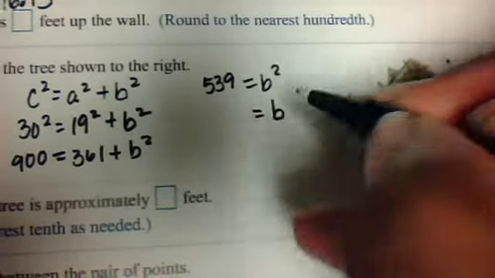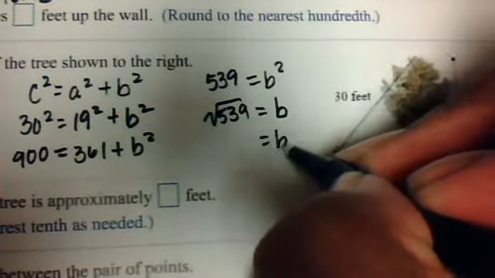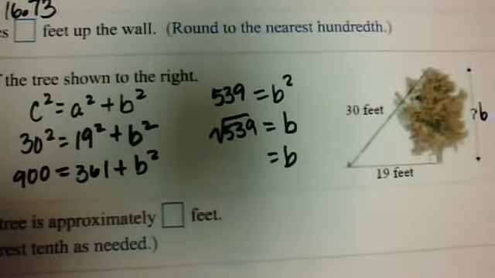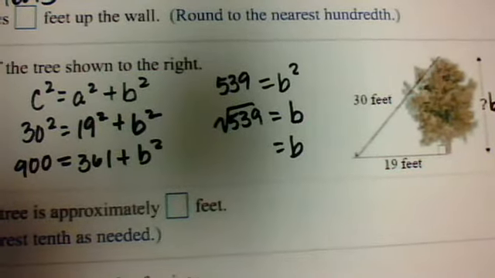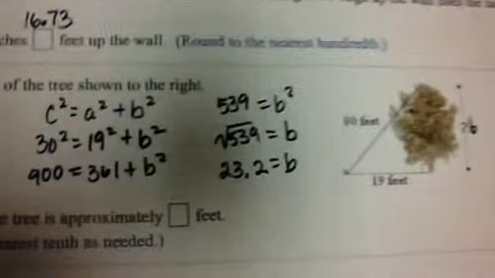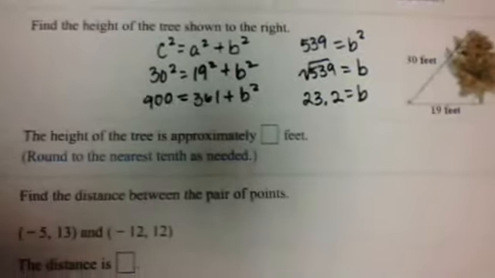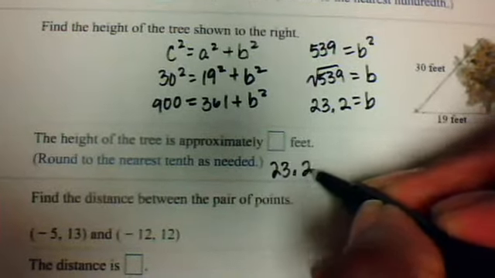And then to find out what b is, you take the square root of 539. And we're going to round to the nearest tenth here to get 23.2. So the height of that tree is going to be approximately 23.2 feet.